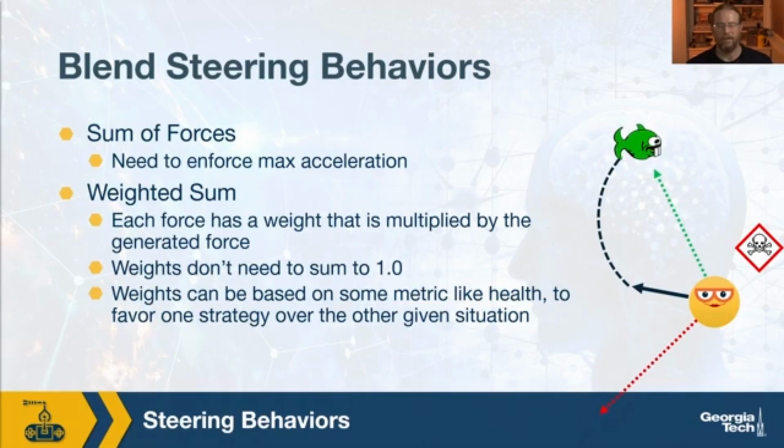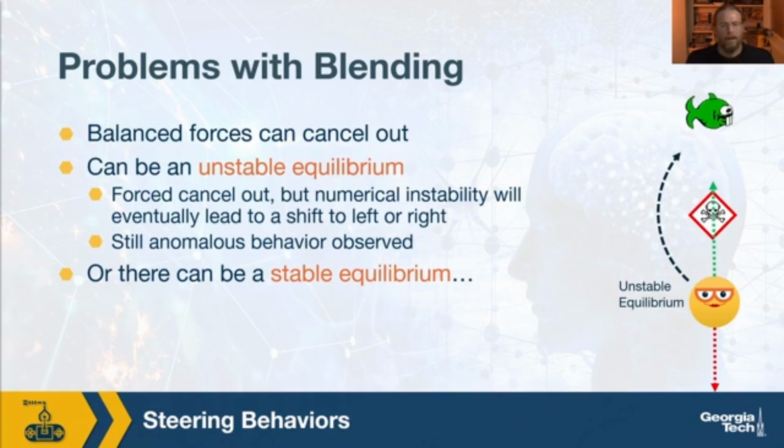So they might be using the same steering behaviors, but we play with the weights such that one's more afraid of dangers, or one is more willing to go towards the goal even in the face of danger. And we could possibly even make that dynamic, perhaps tied to health. So the weights could vary according to the state of the agent.